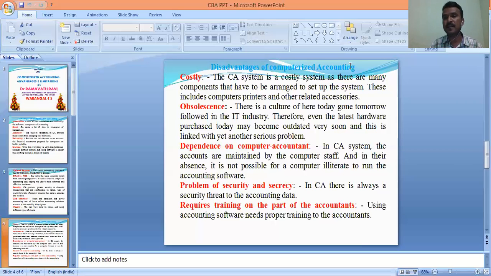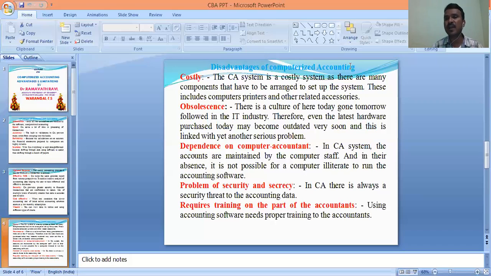For example, X is very excellent in accounting, in the preparation of accounts, but he doesn't have computer knowledge. So he is not eligible to maintain the computerized accounting system. But Y is excellent in accounting, and as well as he knows computerized accounting. Then he is eligible to prepare the accounts in the computer.